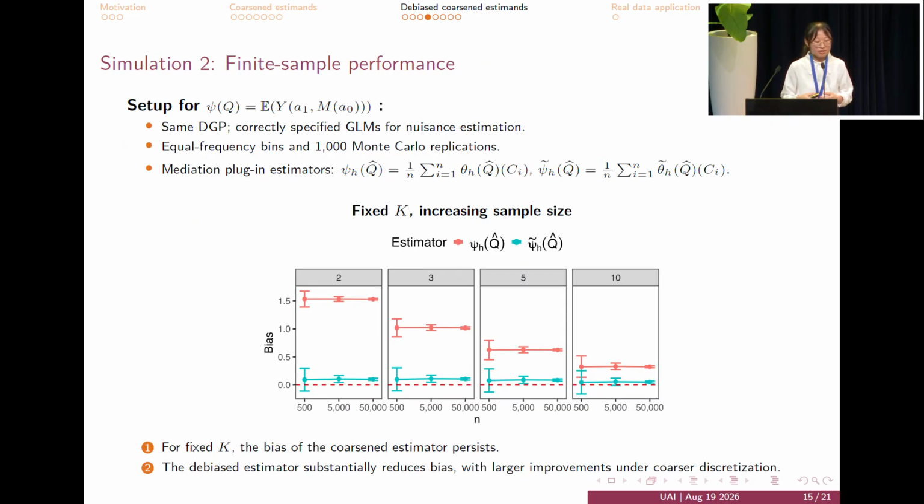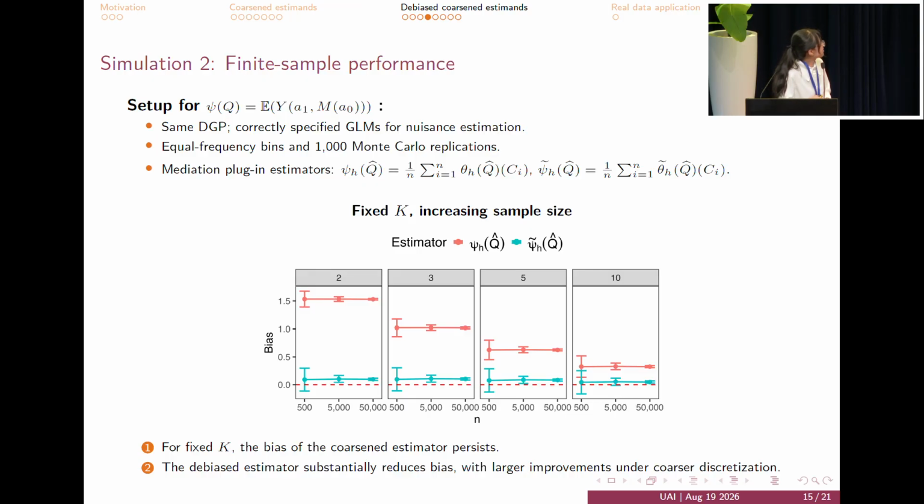After this theoretical story, we need to evaluate different estimators using finite sample size. Here we use the same DGP and the same setting as the previous simulation, but we need to estimate the nuisance function using GAM with the correct specification. And here we work on the plugin estimators in the mediation models. We can see the red one is the coarsening estimator.